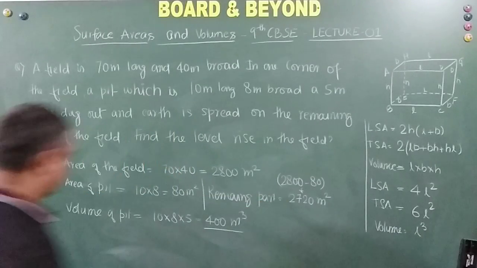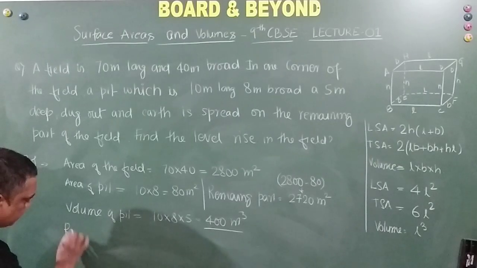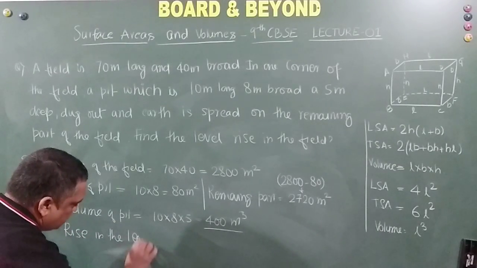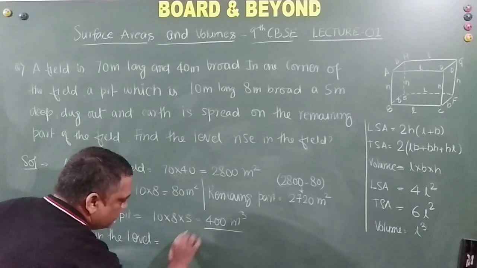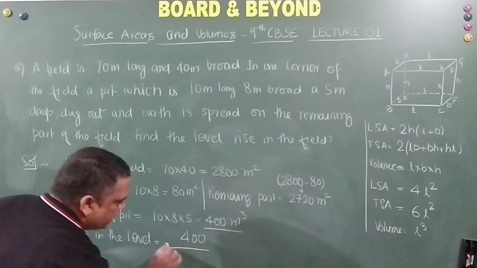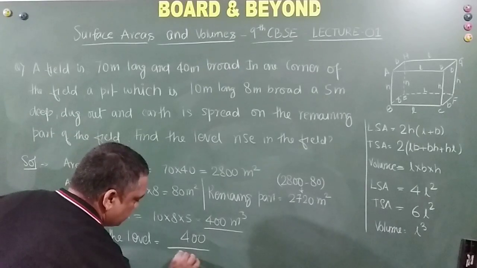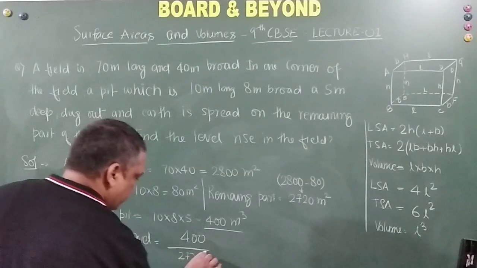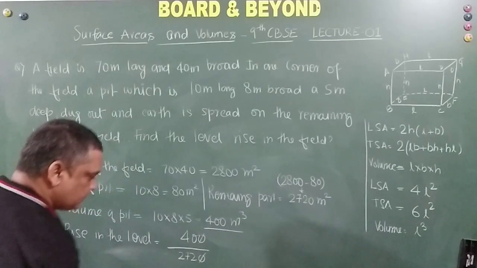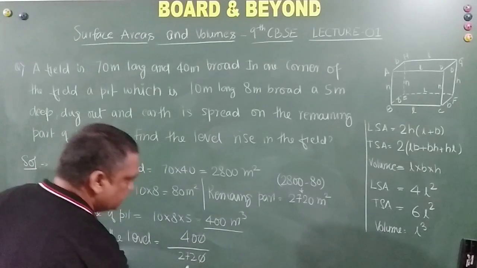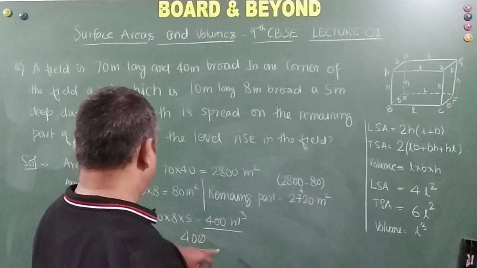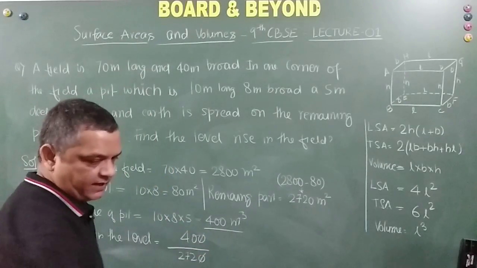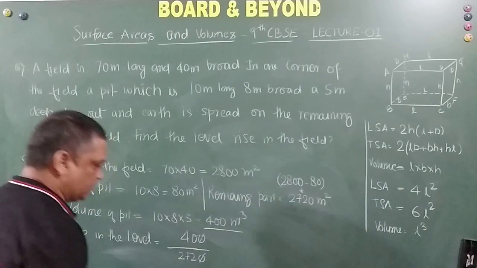So what will be the rise in the level of the field? Rise in the level will be equal to 400 divided by 2720, right? So how much will it be? This is 400 meter cube, so I think we should convert it to centimeters, or we can leave it in meters also, it's your choice.